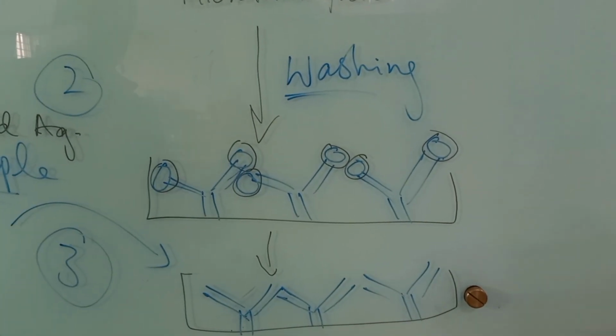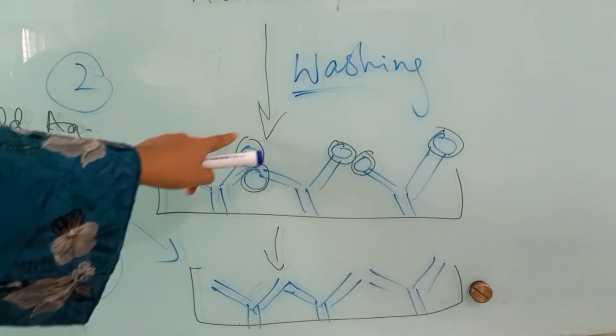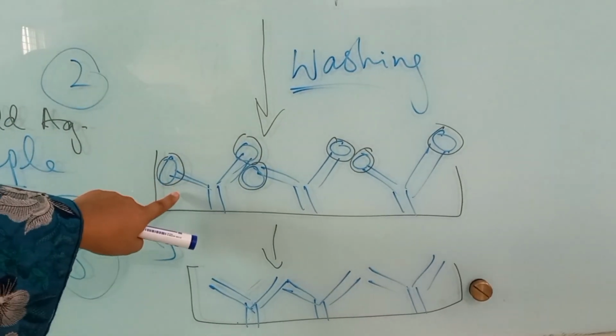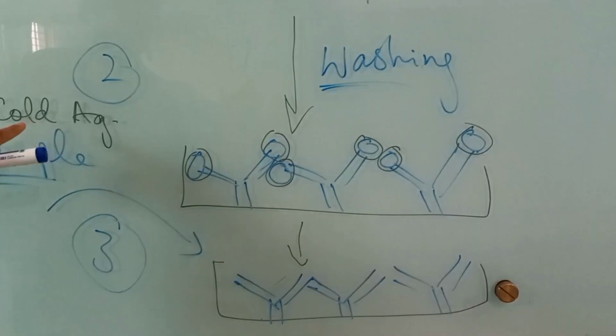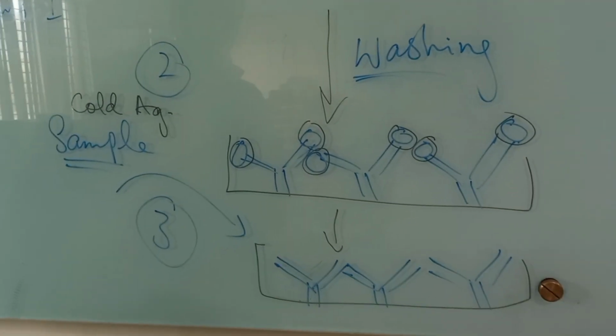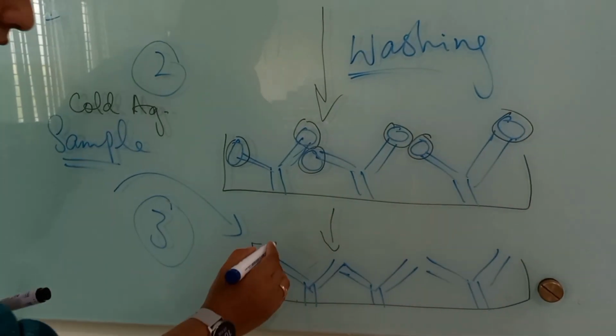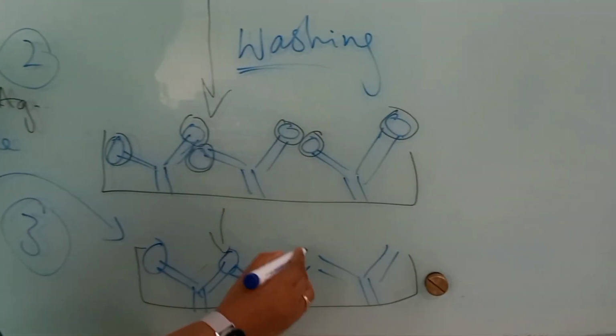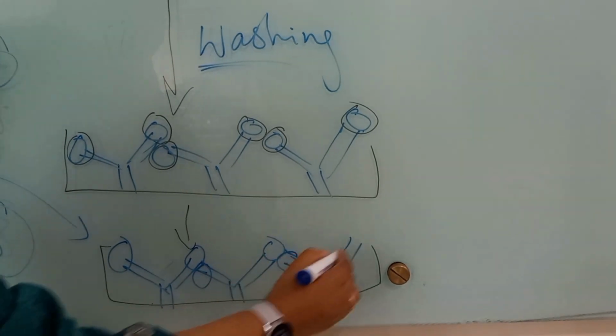Because the hot antigens have the radioactive material attached, they are less competitive than the cold antigens. So when the cold antigens or sample is added, the hot antigens will be removed and the cold antigens will start binding here.